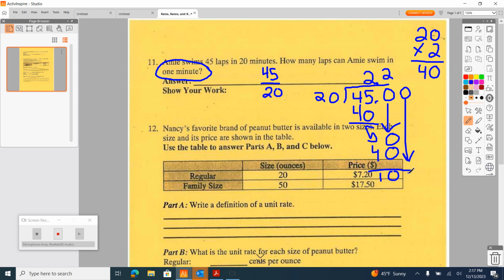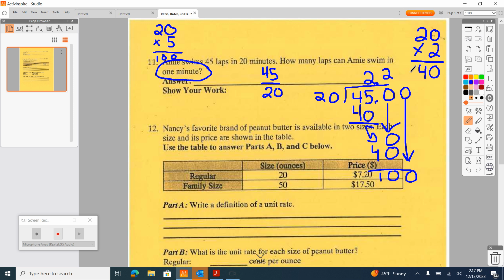So I need 100. I need to know how many times 20 divides into 100. This is where, again, I could use guess and check, and I could say I'm going to guess 5. 0 times 5 is 0. 5 times 2 is 10. So I'm going to guess and check, then I'm going to use 5. I found that 5 works.